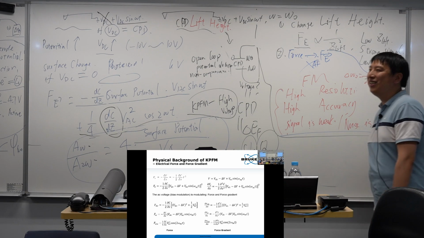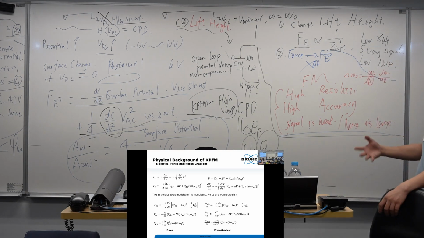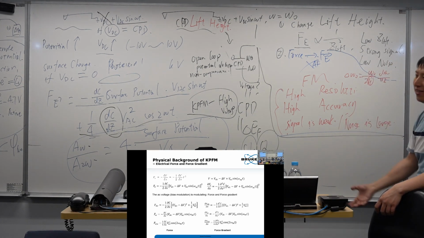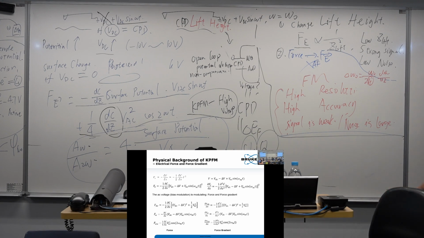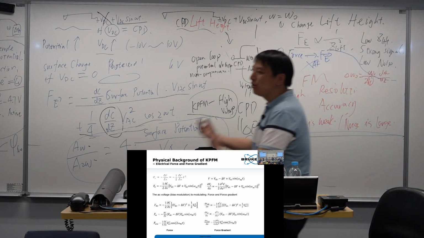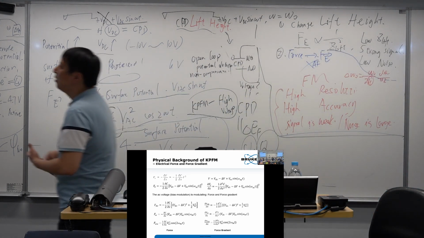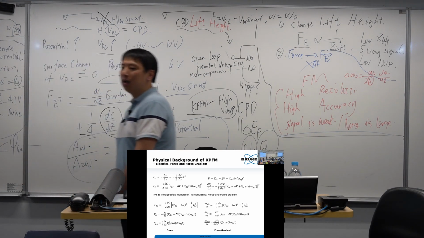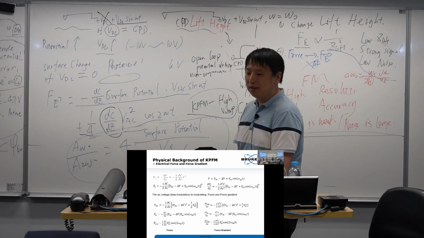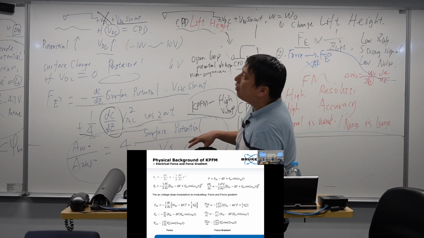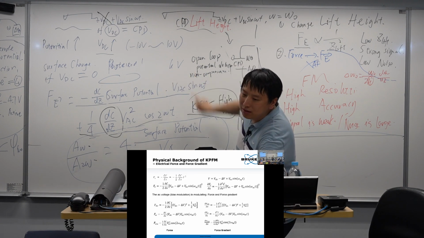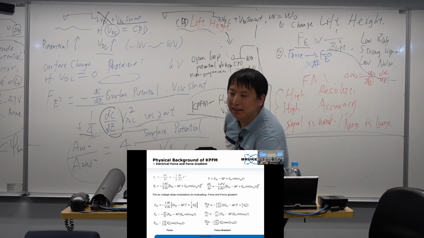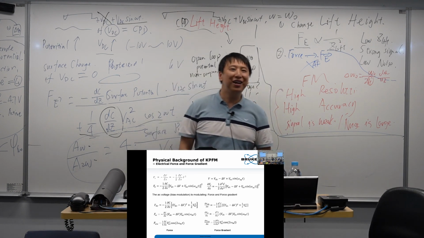It's not like the EFM, because EFM gives you the phase or frequency, and the phase or frequency is too far away from the properties. So KPFM is used much more frequently in our research, and we just need to be careful that we are measuring potential, not always the Fermi level. Okay, I think that's all for today. Thank you.